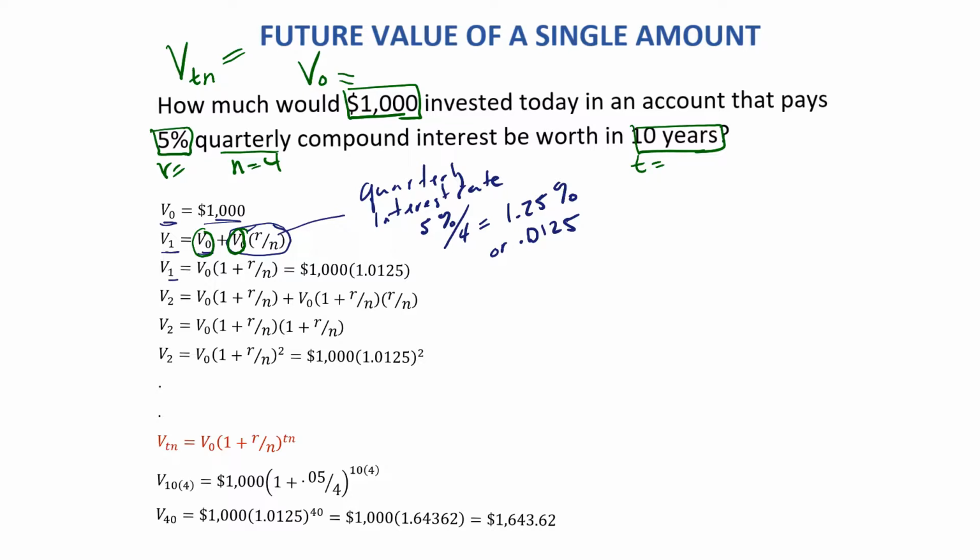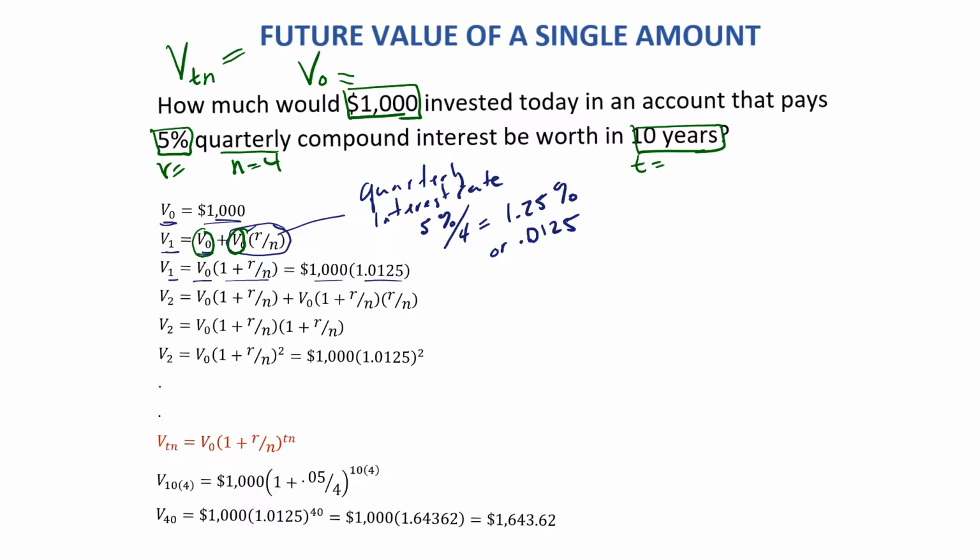So the value at time 1, or the end of the first quarter, is equal to the present value multiplied by 1 plus our quarterly interest rate. And in the context of this problem, it would be $1,000 times 1.0125. So our investment would have grown to $1,012.50.